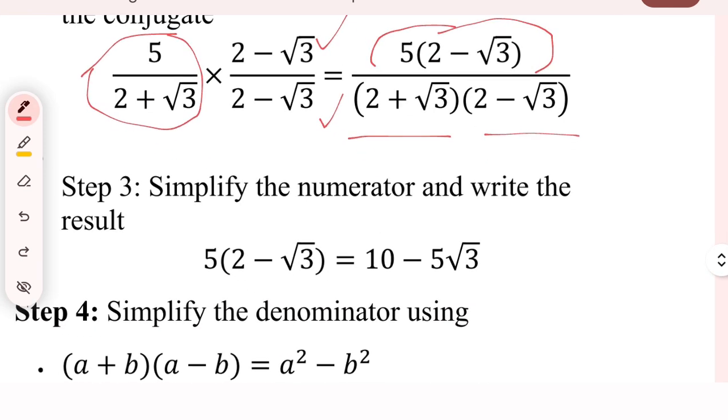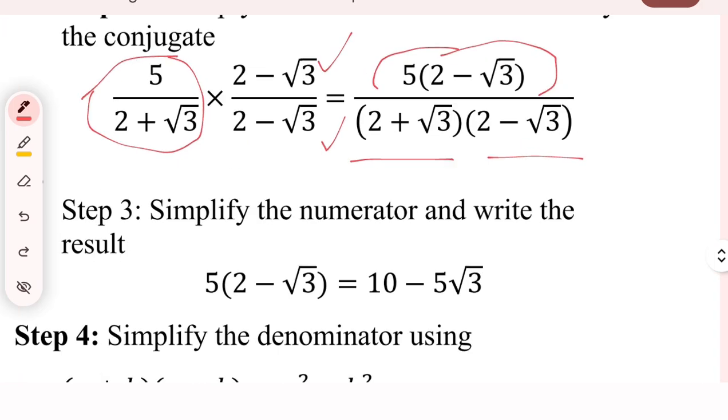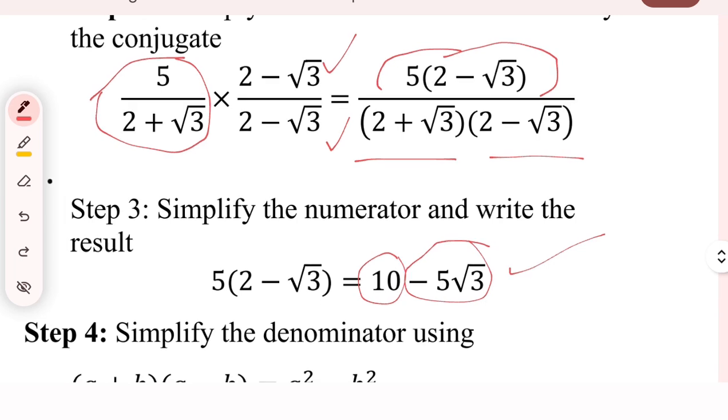Now we can simplify the numerator. We have 5 times 2 times the square root of 3. We simply distribute 5. 5 times 2 is 10. 5 times negative square root of 3 is negative 5 square root of 3. So that is the numerator.